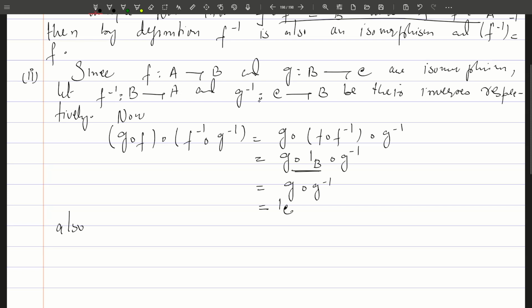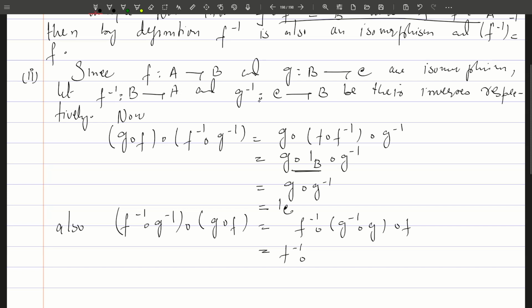Also, f inverse composite g inverse composite g composite f, by definition, is the same as f inverse composite, now g inverse composite g is the identity map on B, composite f.